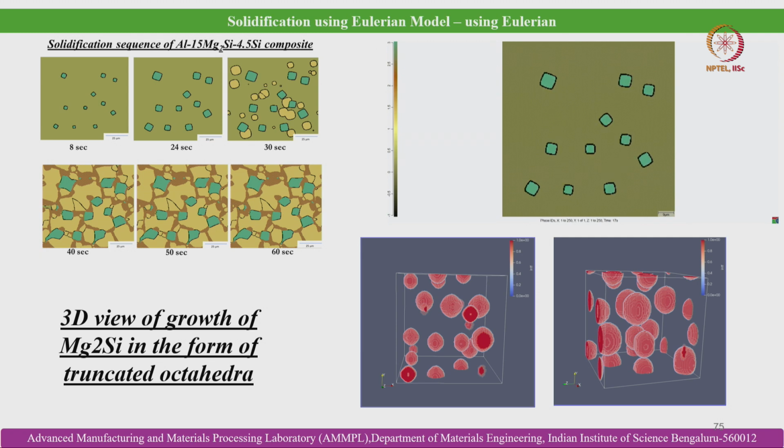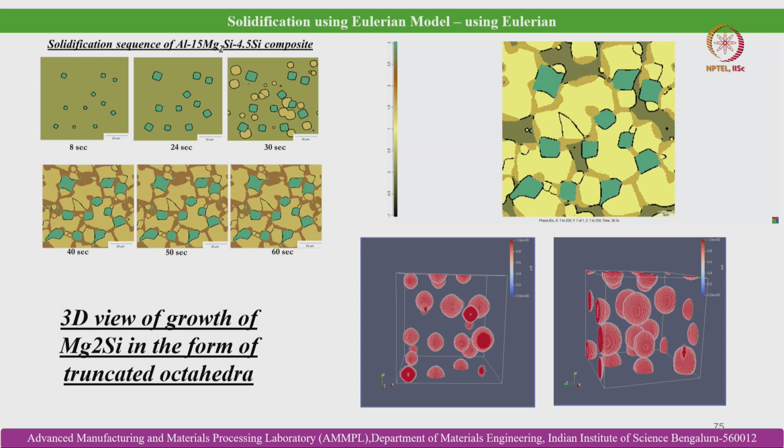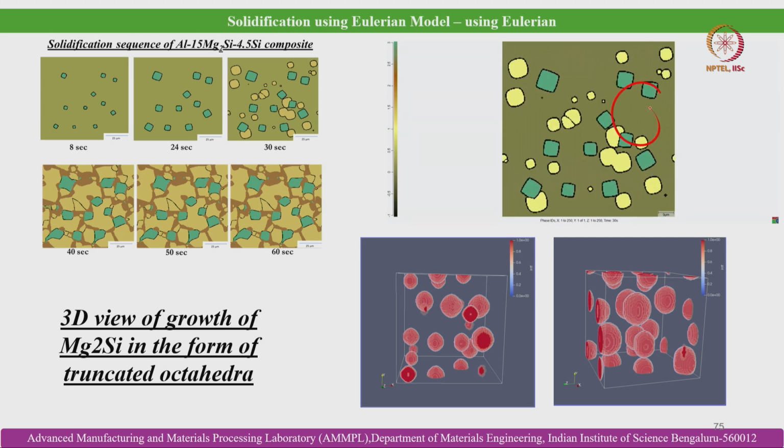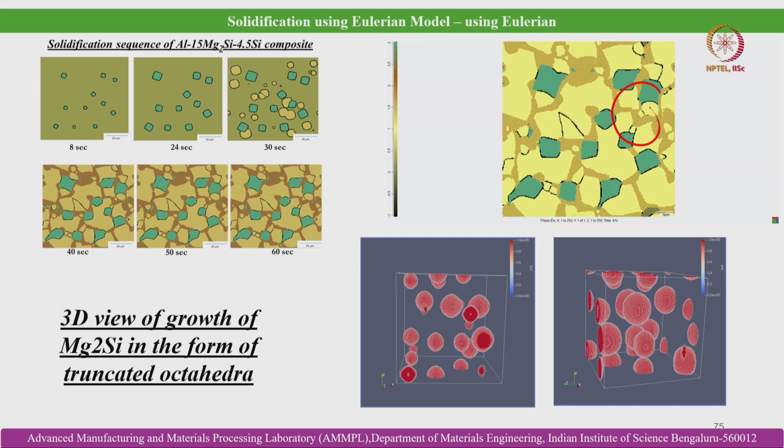And so these are some of the results. It is showing the solidification sequence of the Al 15 Mg2Si 4.5 Si composite, and you can also see a typical animation shown over here. You can see how these solid particles are evolving in the melt and then growing. This greenish phase is the Mg2Si particulates.